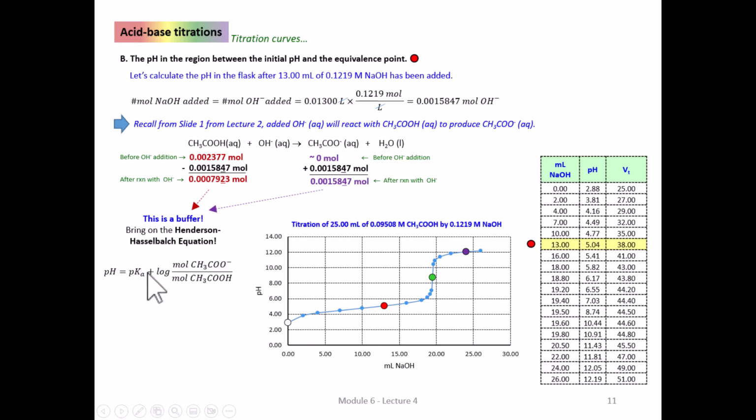So we'll bring in the Henderson-Hasselbalch equation. We'll use the pKa of acetic acid and the number of moles of acetate divided by the number of moles of acetic acid. We take the log of that ratio. We get 0.30. So the pH would be 5.04 at this point in the titration.